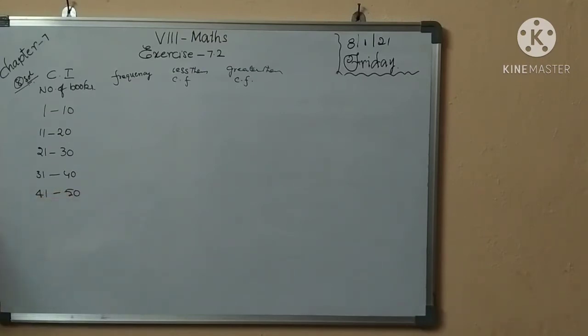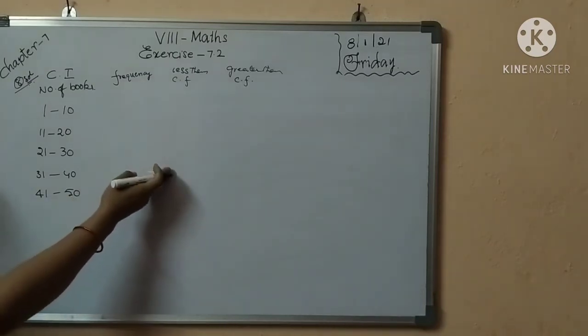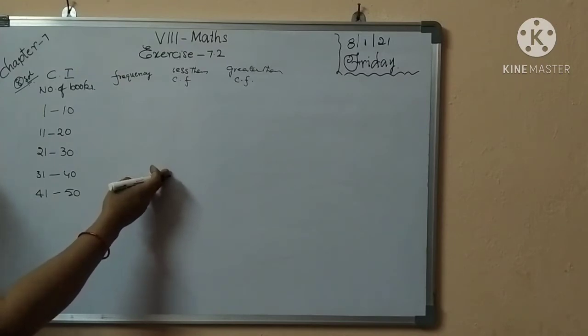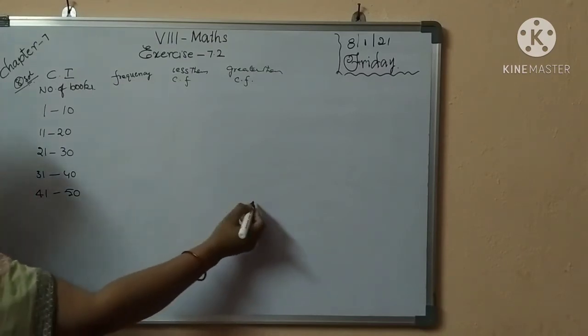Okay children, here the frequency is not given. You have to find the frequency and the less than cumulative frequency. Greater than cumulative frequency means you write from the bottom onwards.